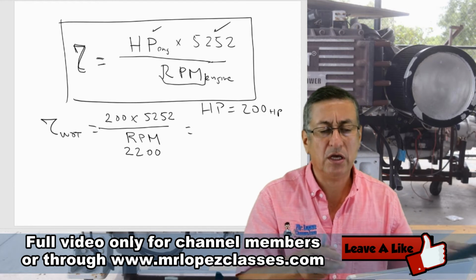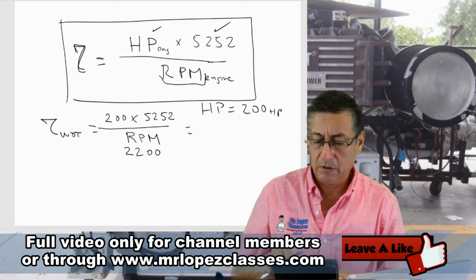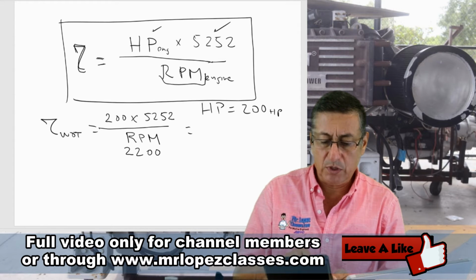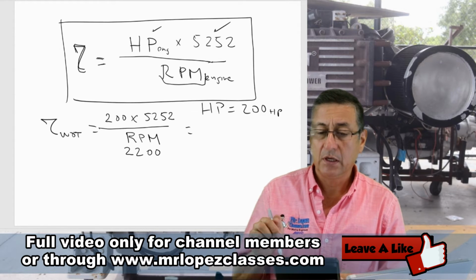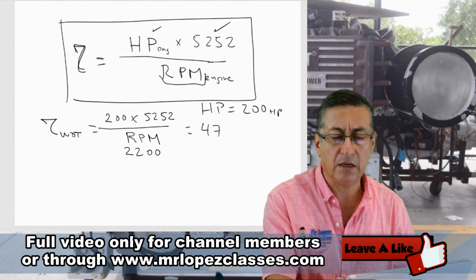How much is the torque at that point? It is 200 times 5252 and divided by 2200. This is 477.45 Newton meter.